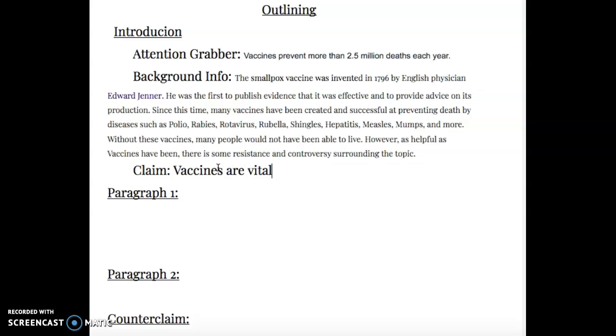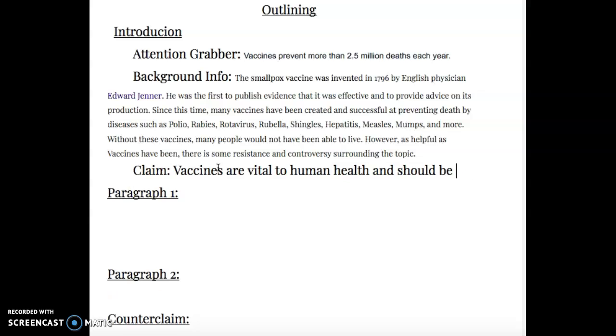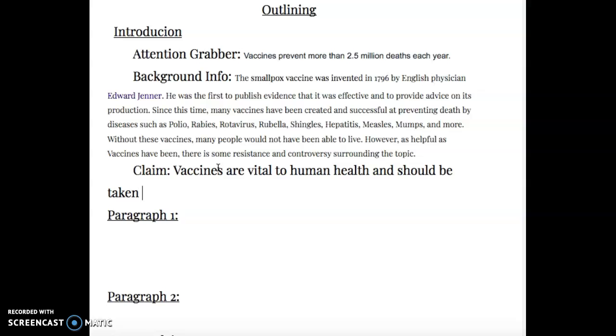Vaccines are vital to human health and should be, I wouldn't say should be implemented. Vaccines are vital to human health and should be taken whenever possible.